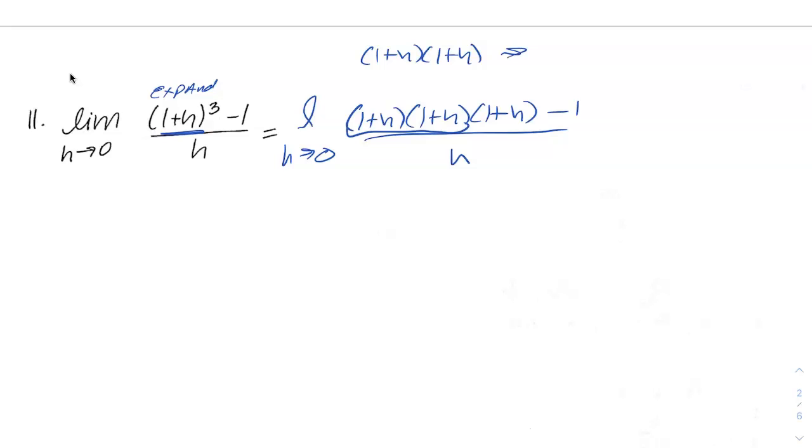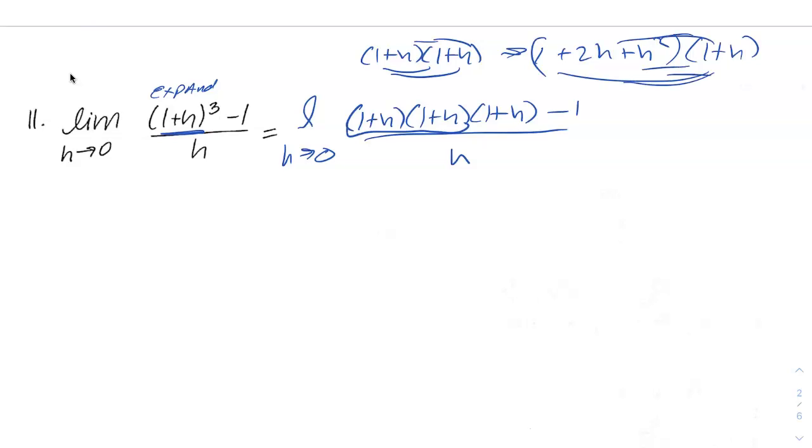That's going to get you 1 plus 2h plus h squared. Then you can multiply that by 1 plus h. If you do that correctly, you should get h cubed plus 3h squared plus 3h plus 1.